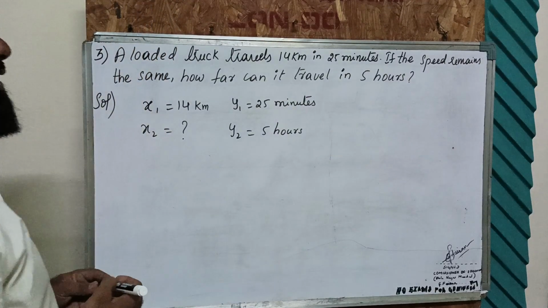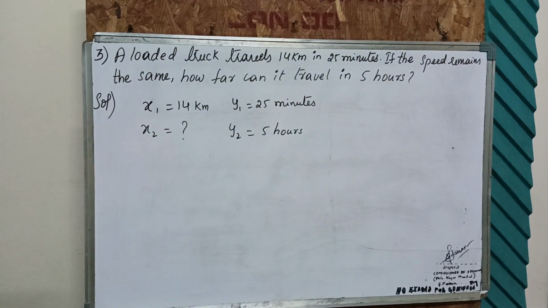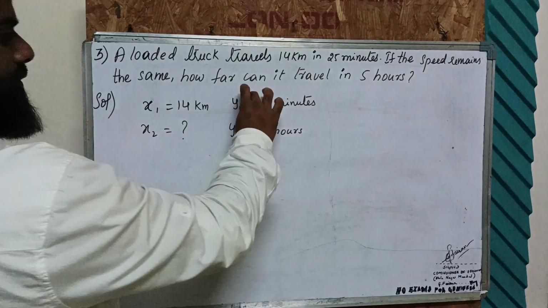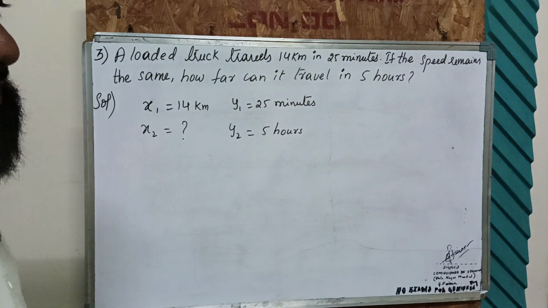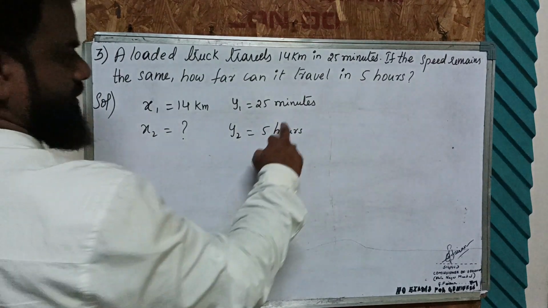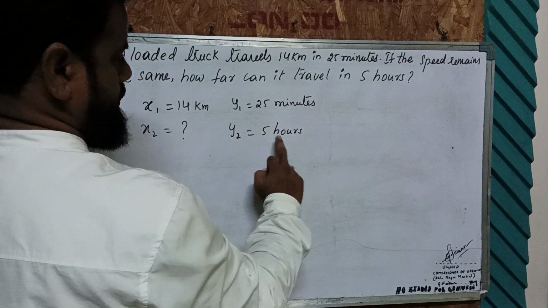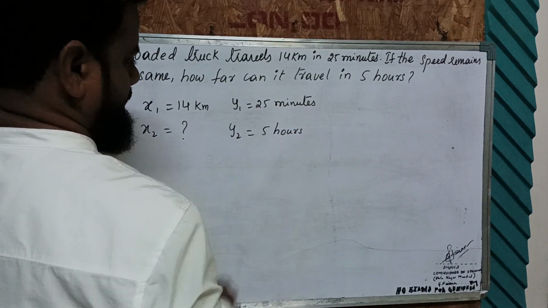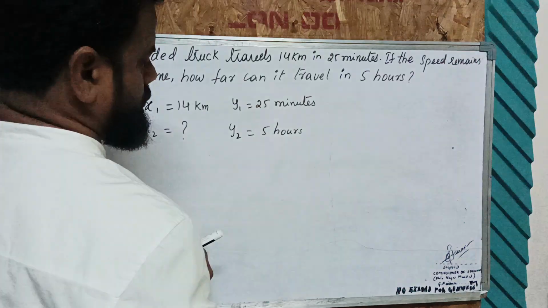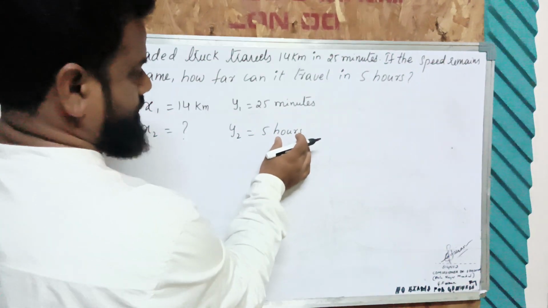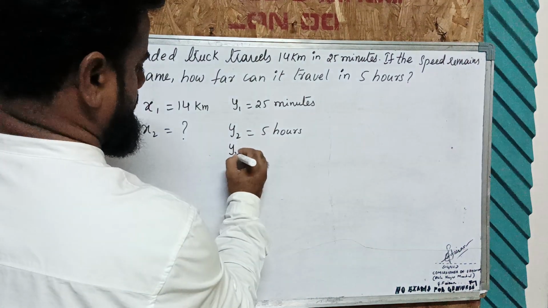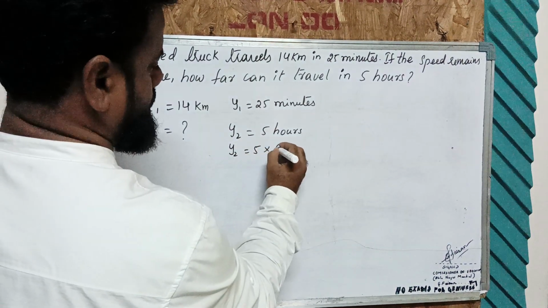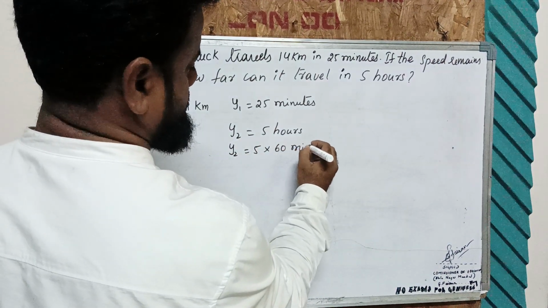So now since we are doing direct and inverse proportion, y1 and y2 values both need to be of the same unit. y1 is in minutes, so we are going to convert y2 into minutes also. That is 1 hour will be equal to 60 minutes. So y2 is equal to 5 into 60 minutes.